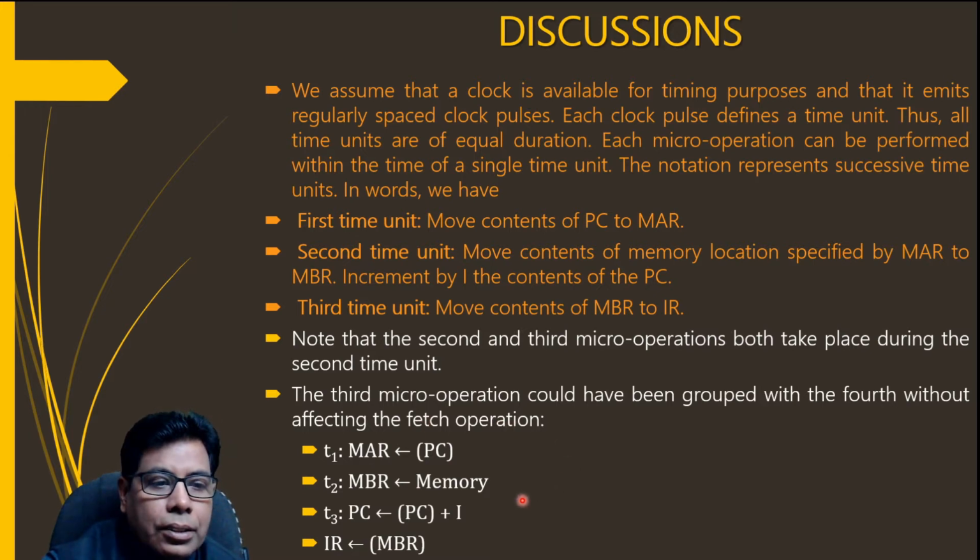So here we can increment the PC and at the same time we can load the contents of memory buffer register into the instruction register. So the grouping has now changed. Instead of T2 performing this operation, it is given to T3. So this is possible.